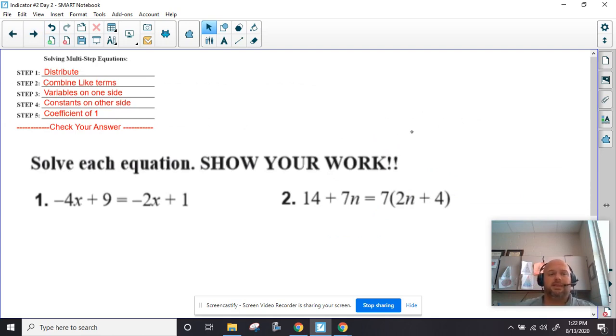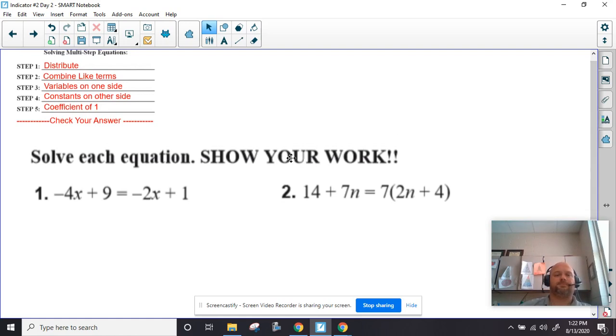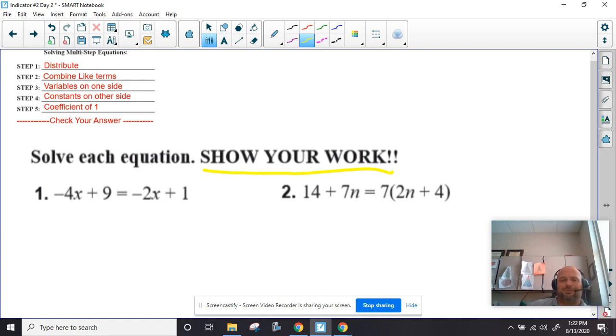All right. This is equations with variables on each side. We still have our same steps. Now, I think this is kind of funny. Show your work. I don't know how many of y'all are actually using pencil and paper or using the handouts.